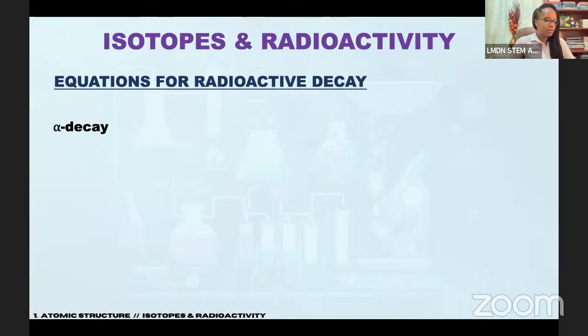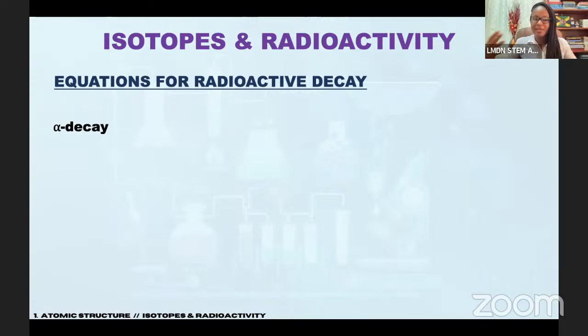So to start here for today, with the equations for radioactive decay. We mentioned last time that there are 3 types of products of radioactive decay, right? And these are alpha particles, beta particles, and gamma rays, right?